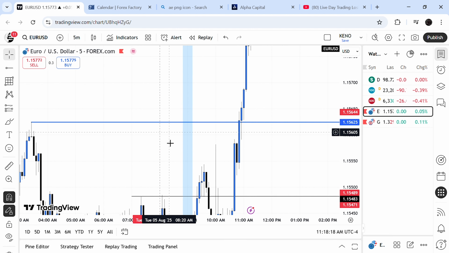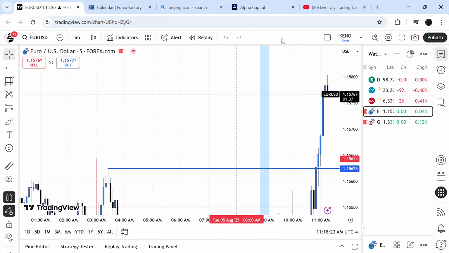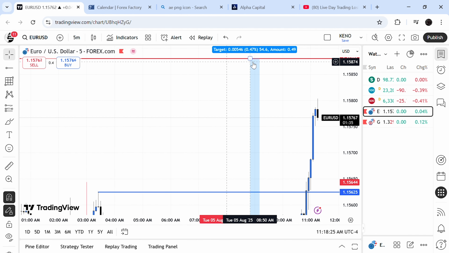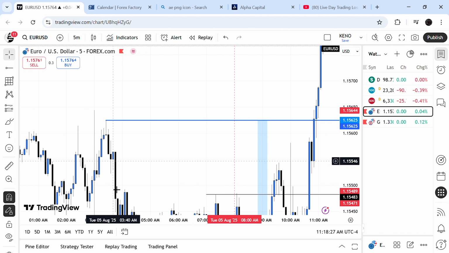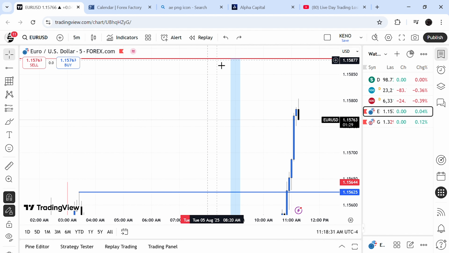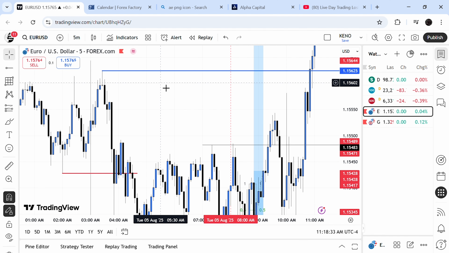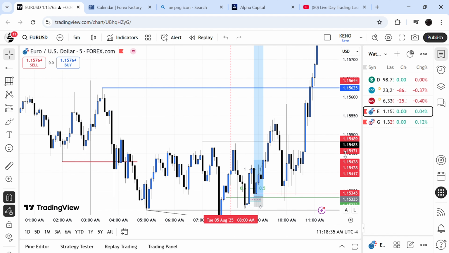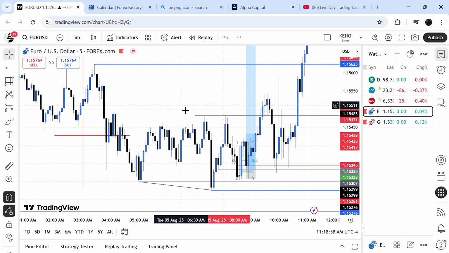But at this moment, TP1 has already been hit right here at this blue candlestick, and the only position I'm waiting on is TP2, and the stop loss is at break even.